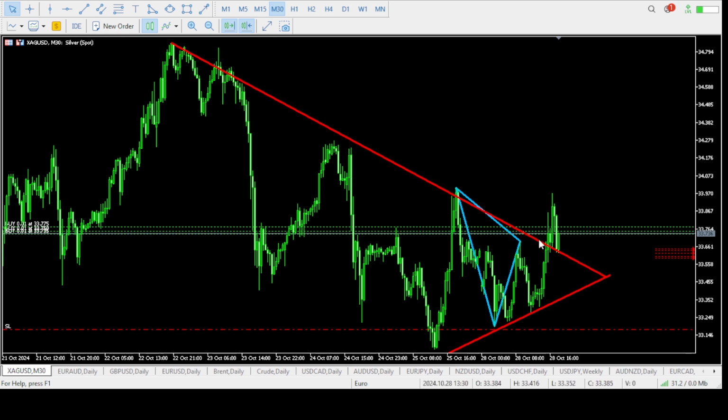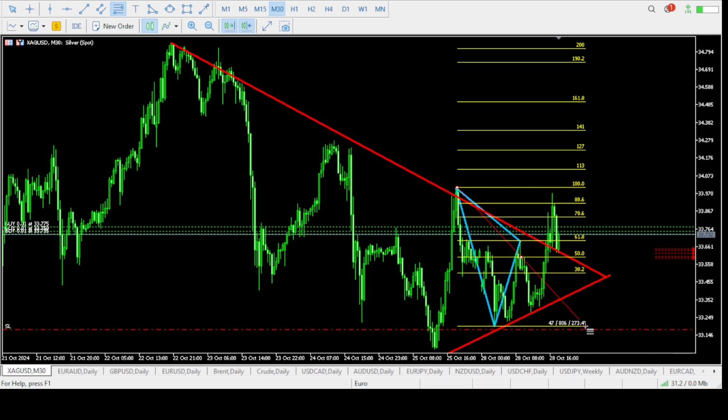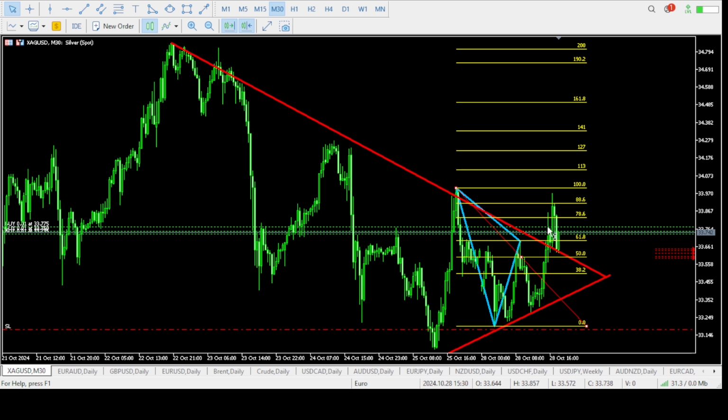If you look at it, you can see the Fibonacci. This is 78.6% Fibonacci level. So after this bullish close, after price hits this place, it closed very low, almost at 61.8 Fibonacci level.